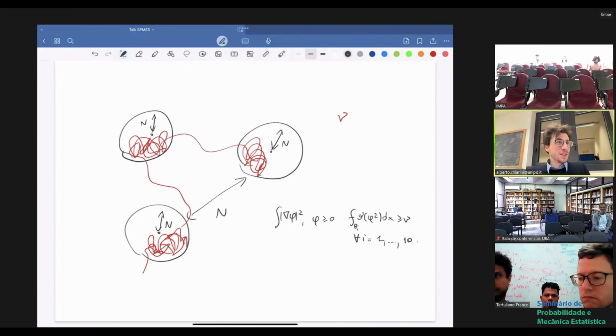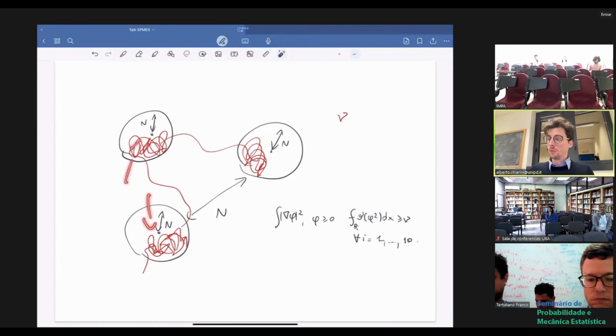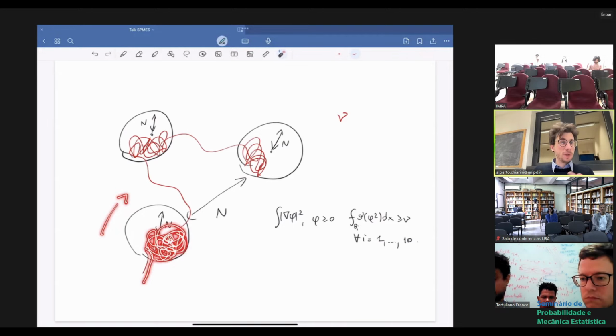What is interesting here is that the minimizer is telling you the following. The minimizer is some positive function in each of these balls, and then you have the harmonic extension outside. And the harmonic extension is not zero outside. So the random walk will of course spend a lot of time here. It will look like interlacements at some level, but also here it will spend a lot of time.